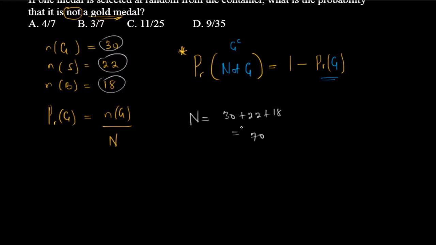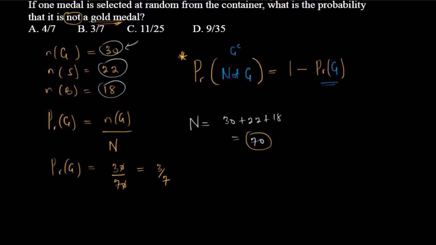Since we know N and we know N of G is 30, the probability of G equals N of G, which is 30, divided by N, which is 70. So this reduces to 3 divided by 7.